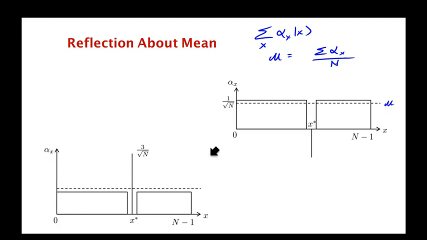And now what we want the new superposition to be after the reflection about the mean is, well, each amplitude, if it's above the mean, it goes as much below the mean as it was above. If it's below, then it gets reflected and goes above. So we want the new superposition to be sum over x of 2 mu minus alpha sub x, x.